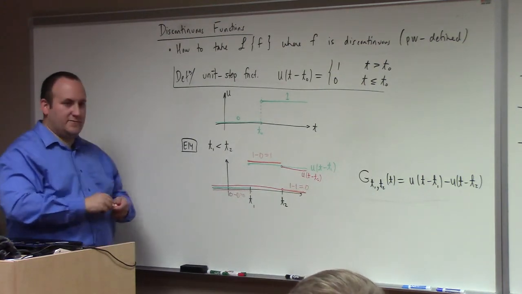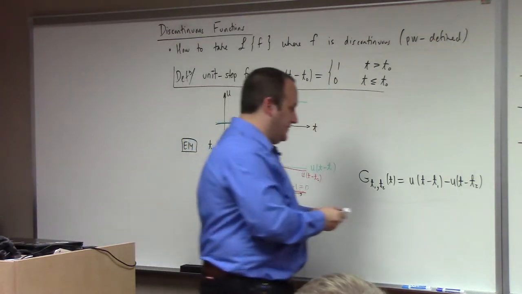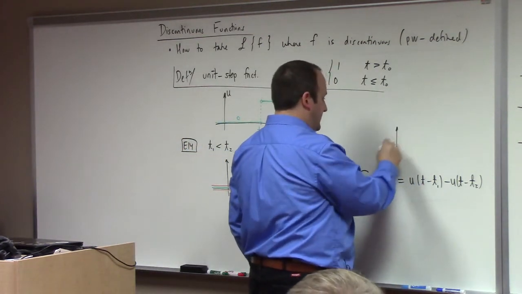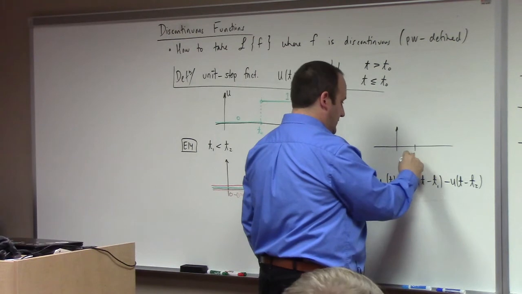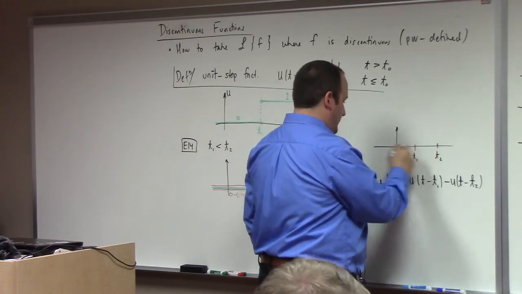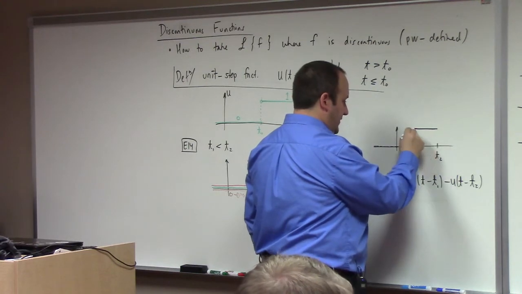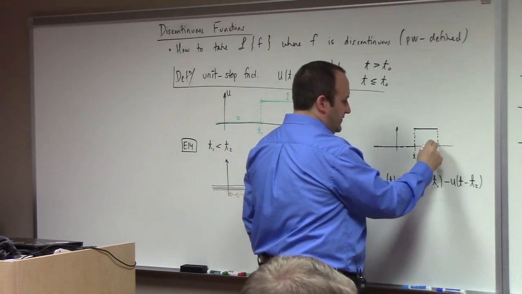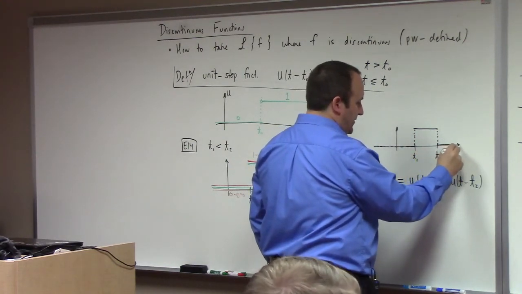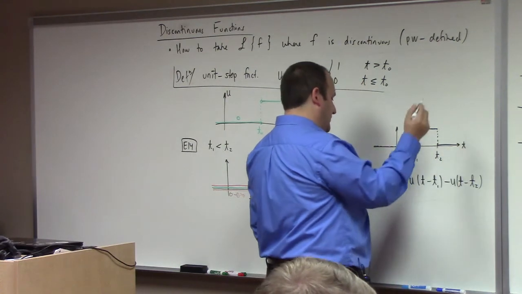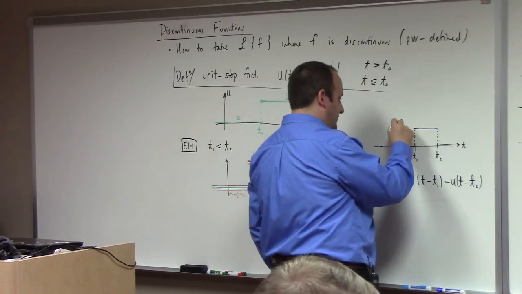So if you'll free me from this cluttered picture, the graph of this is just 0, and it's 1. And then these vertical lines we draw for artistic purposes, but technically they're not part of the graph because it wouldn't be a function. It is a function.